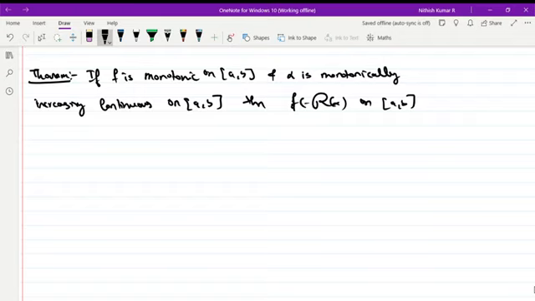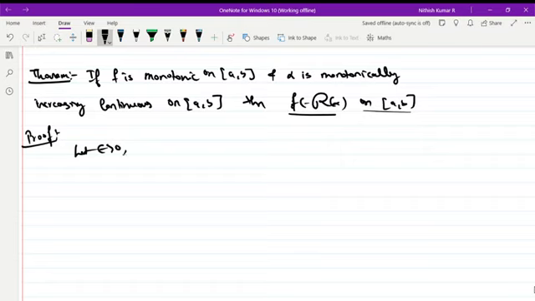Now, to prove f belongs to R of alpha on closed interval a comma b, we shall prove the Riemann criterion for f. So let epsilon greater than 0.